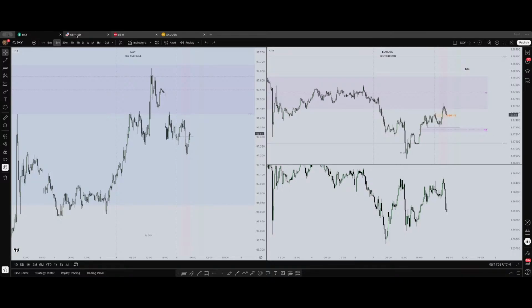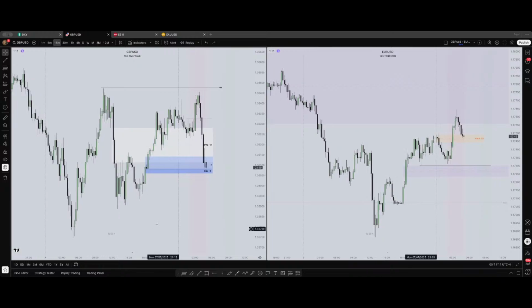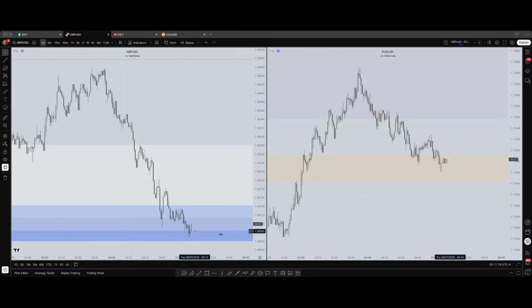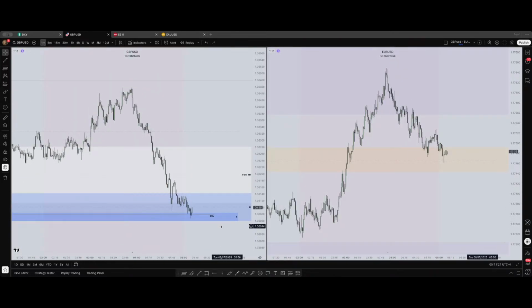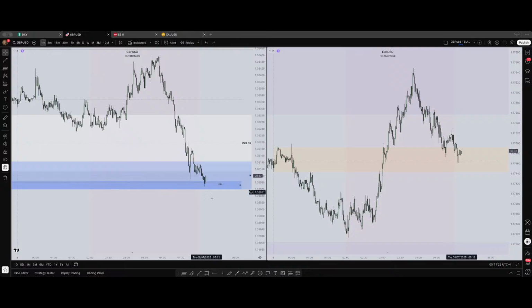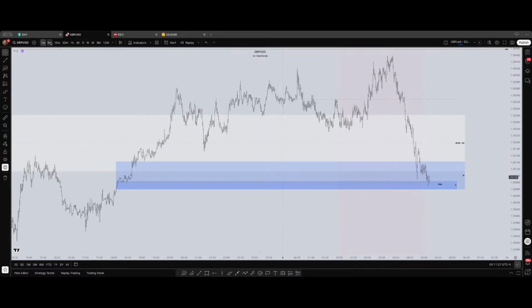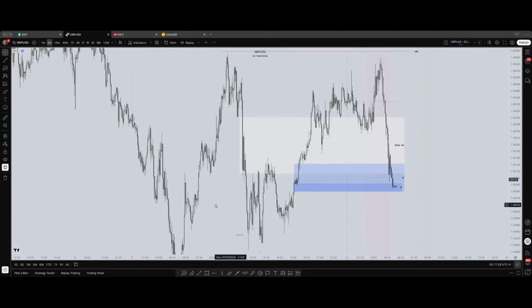The only one dropping is GBP, and it could very perfectly be a manipulation. So this could be an entry point. Let me check here, 5-minute.